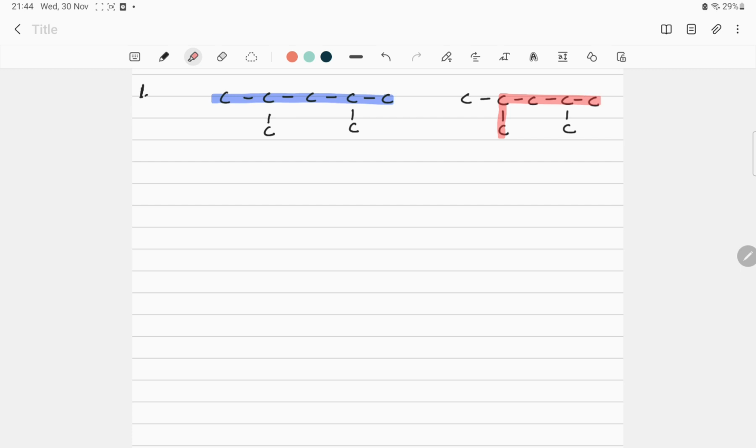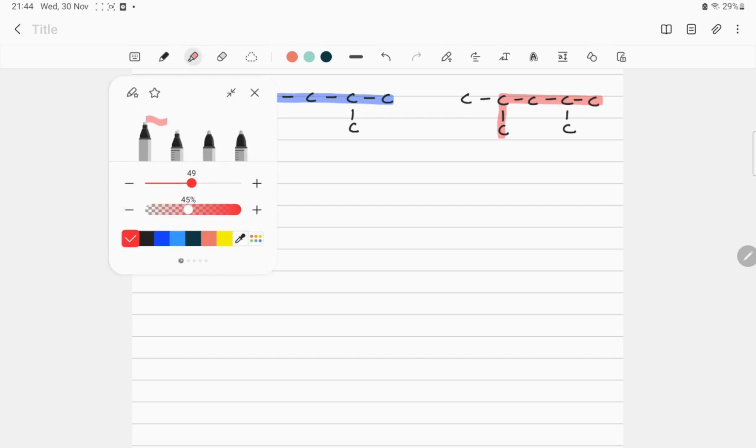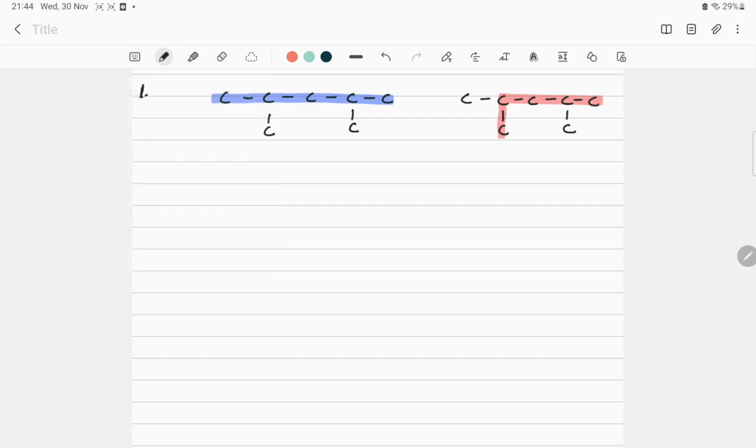This is again the longest continuous chain containing 5 carbons. Then the other possibility is that we can have the chain in this way: 1 2 3 4 5, 1, 2. The chain may be like this.